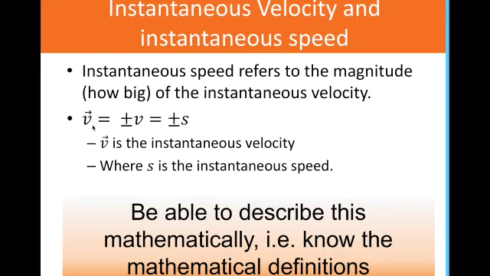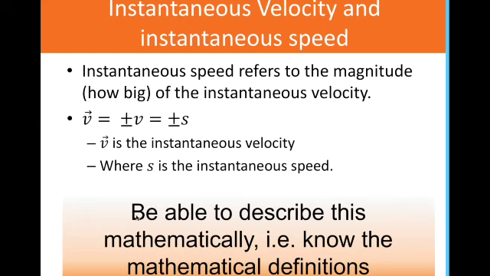In general, for one-dimensional motion, the instantaneous velocity is plus or minus the magnitude of the instantaneous velocity, because there's no vector there. You can remember, this is the absolute value of the vector quantity, and that's also plus or minus, depending on the direction, the speed, where S we define as the instantaneous speed.